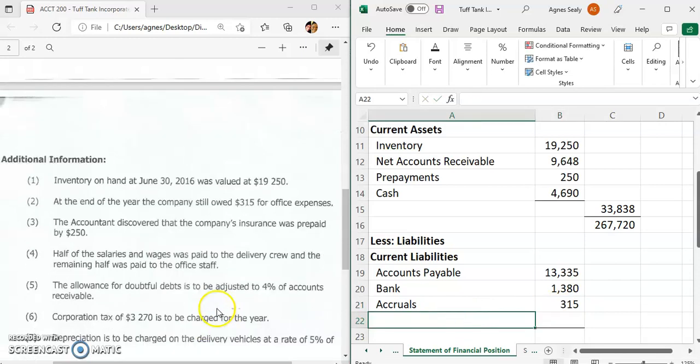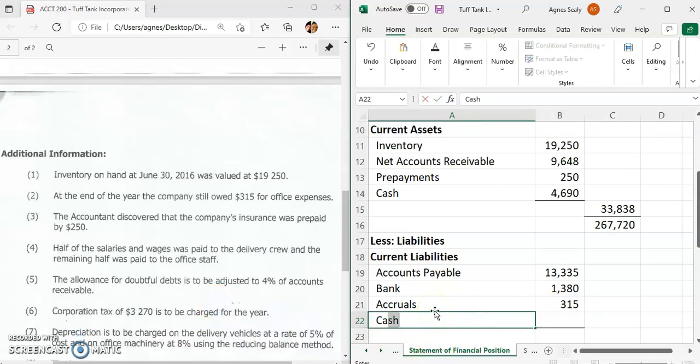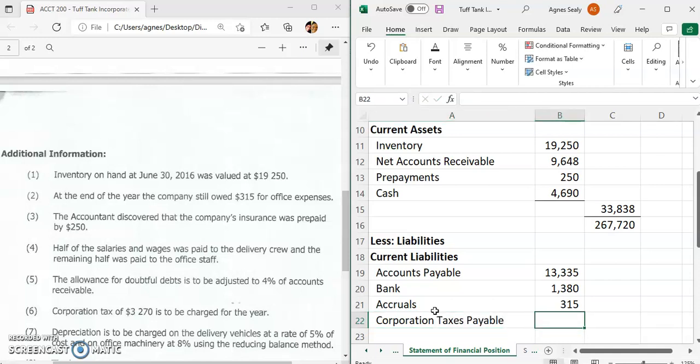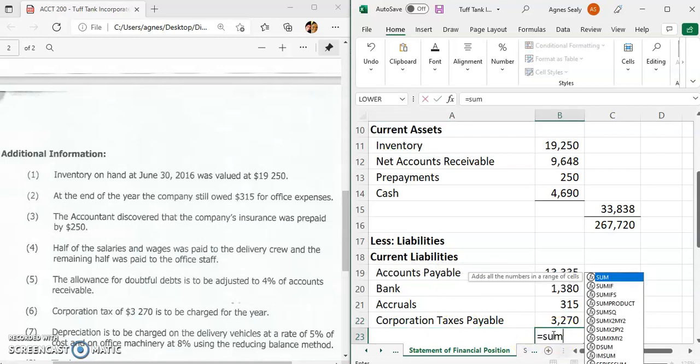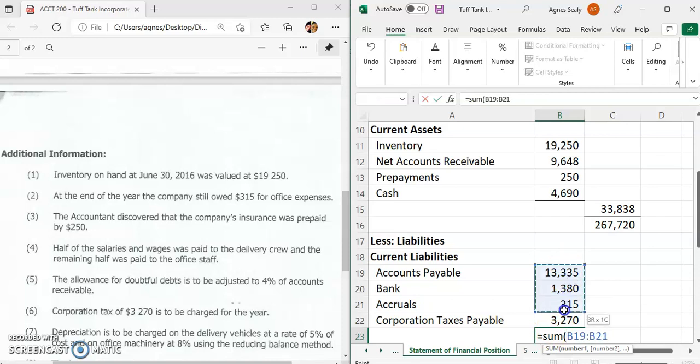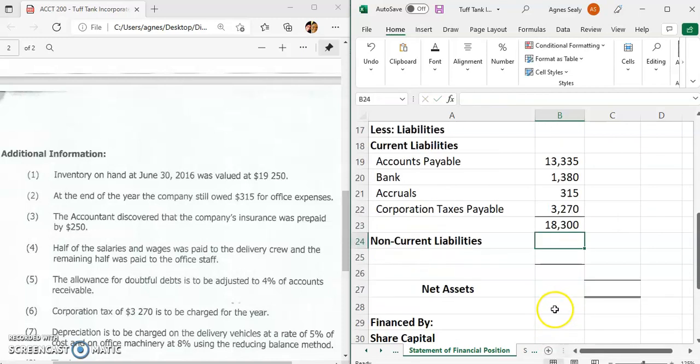And then we also have corporation taxes that were not paid, so corporation taxes payable, as what is owing, $3,270. We add those together. There are total current liabilities of $18,300.